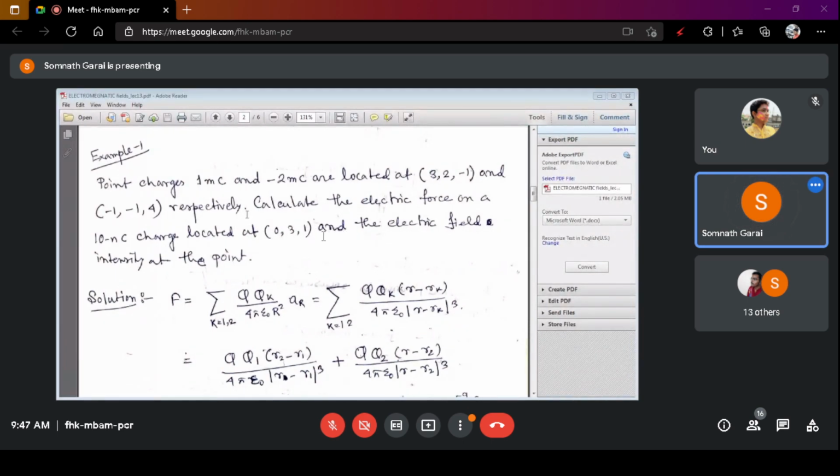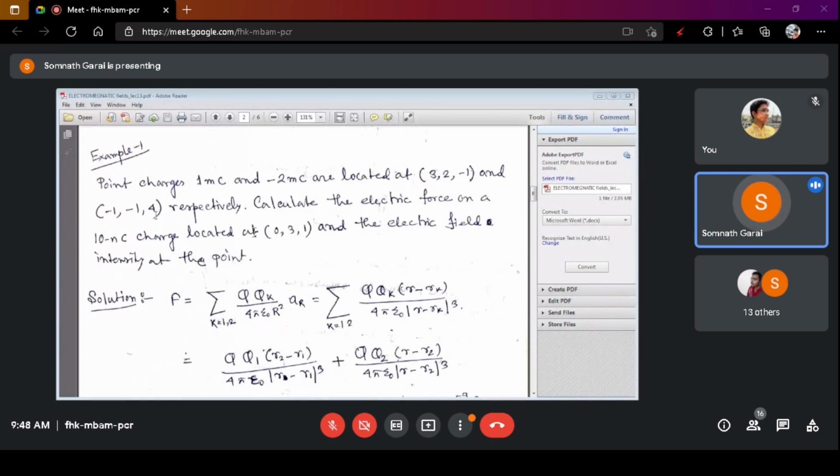That means Q1, whose charge is 1 microcoulomb, is located at 3, 2, minus 1: x direction is 3, y direction is 2 and z direction is minus 1. The second charge, minus 2 microcoulomb, is located at minus 1, minus 1, 4, that is x equals minus 1, y equals minus 1, z equals 4 respectively.